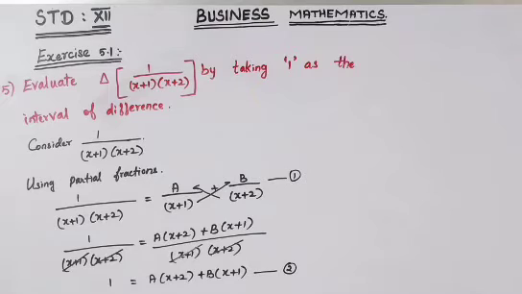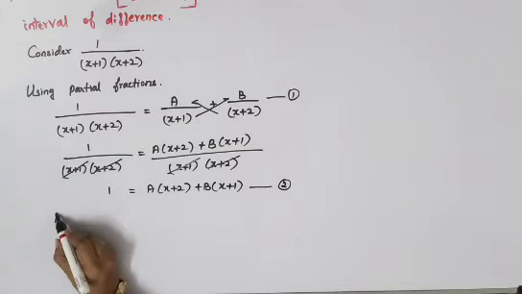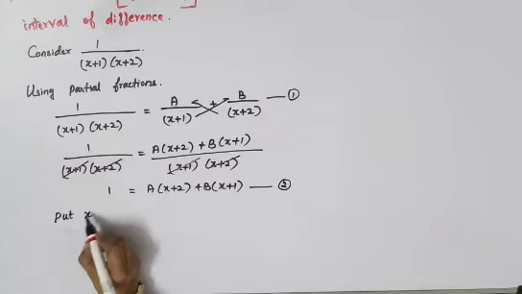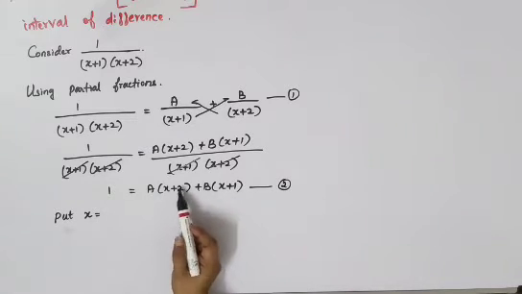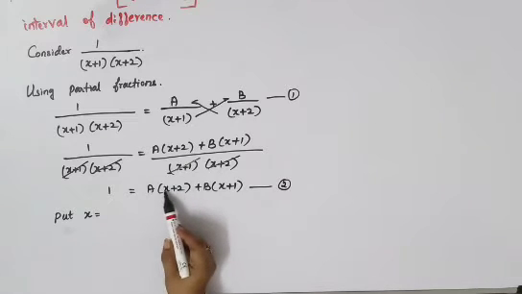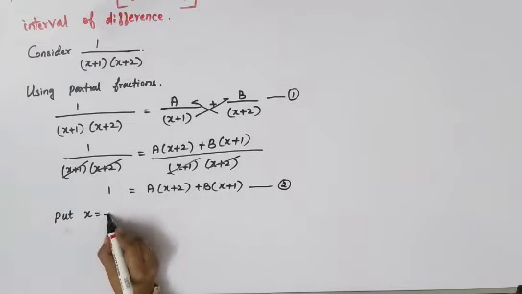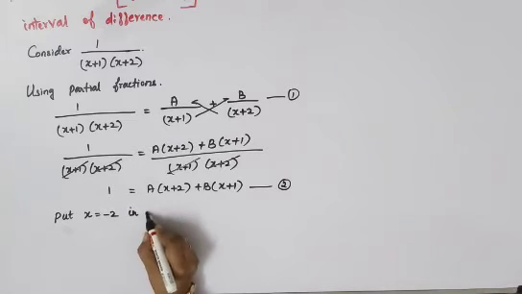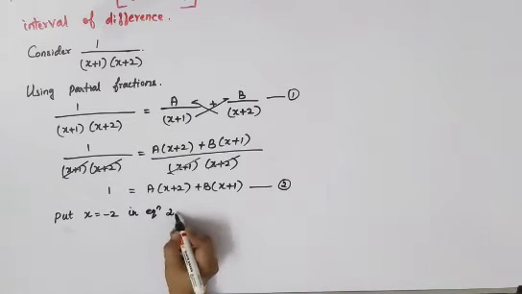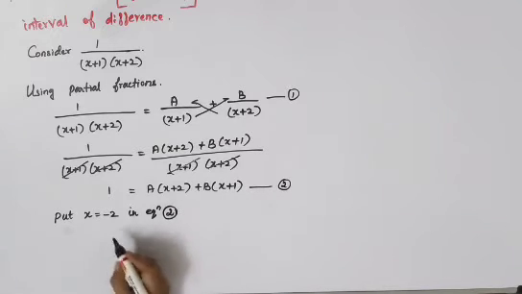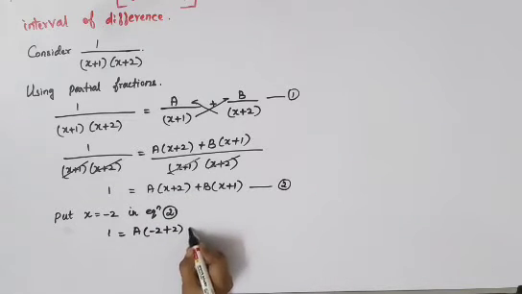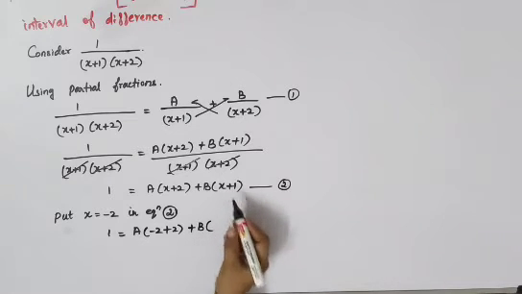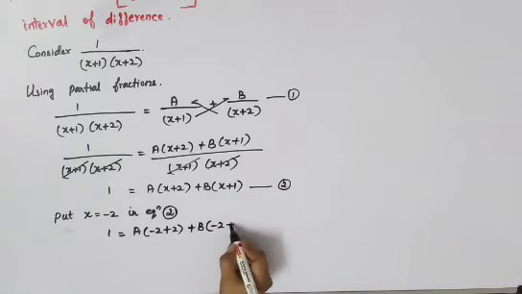Now you'll have to assign values for x. How to find your x's? See your first term, you've got plus 2, just write the additive inverse of plus 2, which will be minus 2. So x is equal to minus 2 in equation 2. So 1 is equal to a into, put minus 2 plus 2, plus b into minus 2 plus 1.